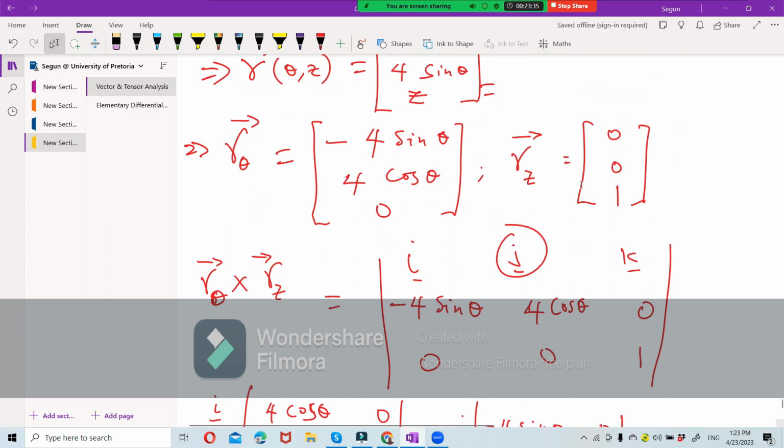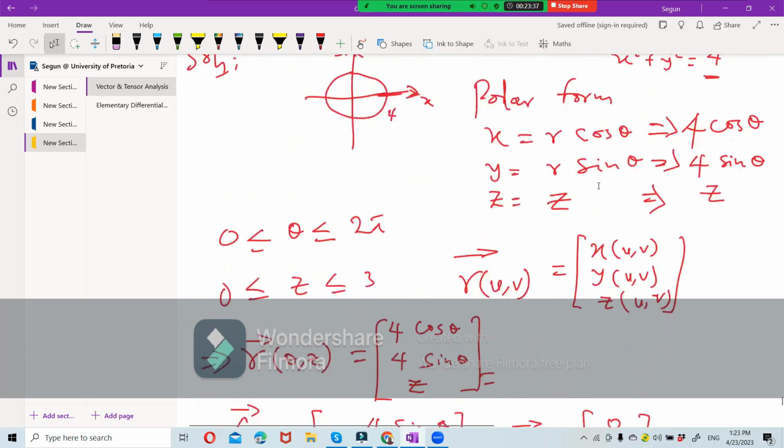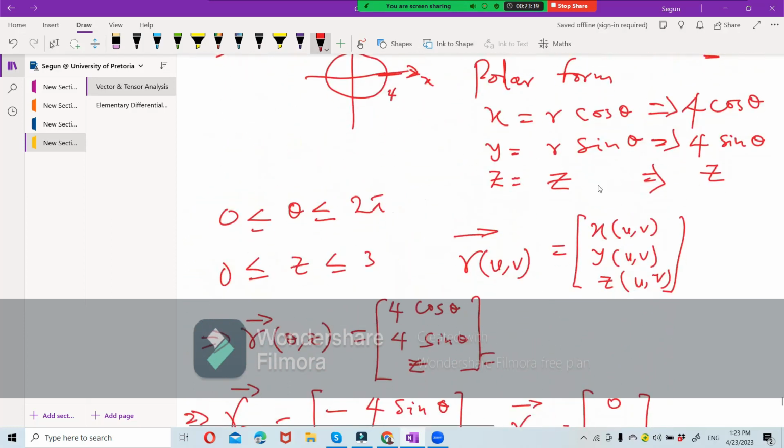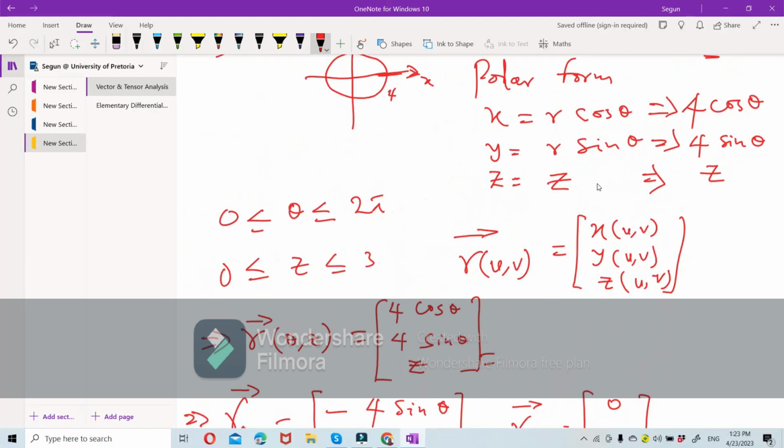Okay, let's start from here. You are here when we did the polar. Were you there? Yes, I got to when we are having vector of theta and. Okay, let's continue from there.